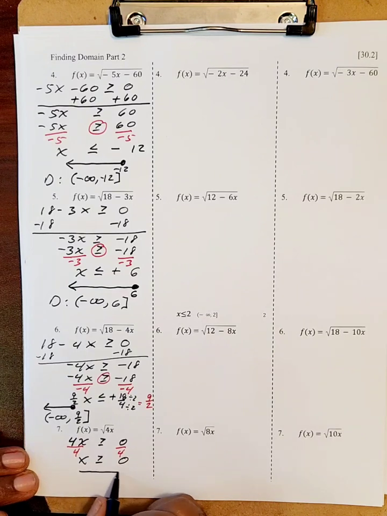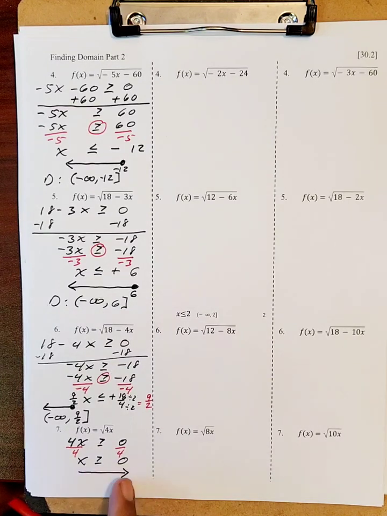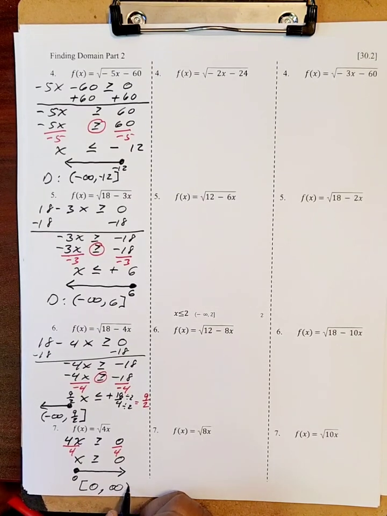So we need a line segment here, and since this is a greater than sign, we'll put a little arrow there. Looks just like the greater than sign, and a closed circle here for the 0, because we have the equal, and this is written as bracket 0 to positive infinity to the right.